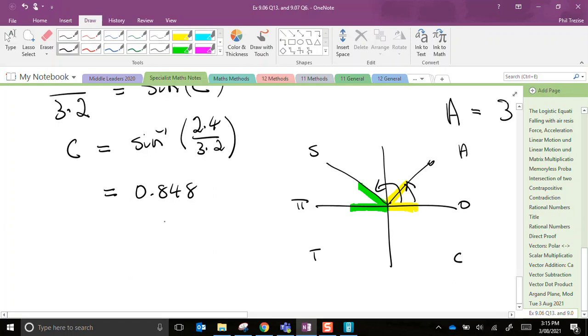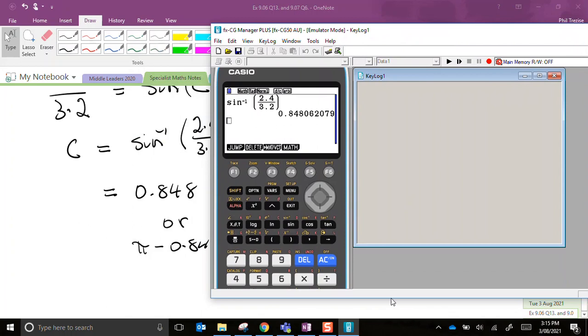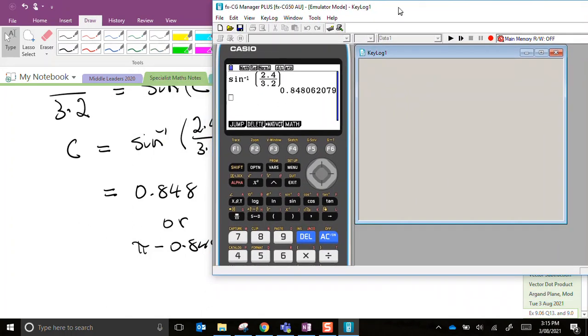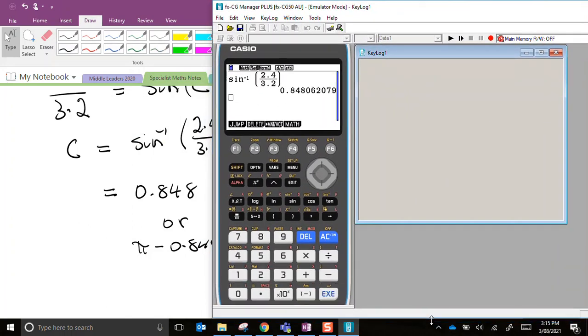So it could be 0.848, or it could be pi subtract 0.848, and my trusty calculator will tell me what that is, except I've lost the bottom edge of my calculator. How careless of me. Here we go. Pi subtract the previous answer. 2.294.